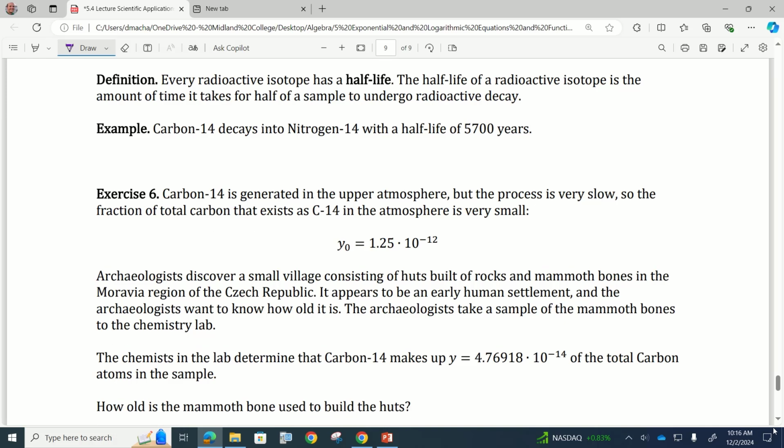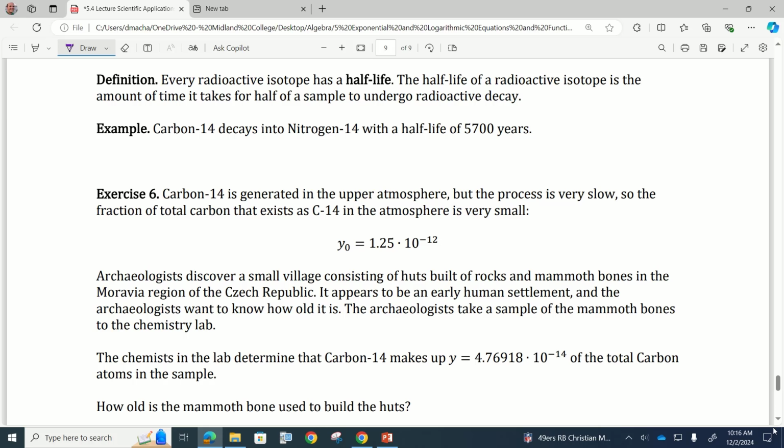Speaking of half-lives, this is a concept from chemistry. In chemistry, you learn certain types of atoms are called isotopes when they have too many neutrons. If your atom just has too many neutrons in the nucleus, it's not stable. It's going to decay eventually. And how unstable it is determines how long it can last before it decays into a different type of atom.